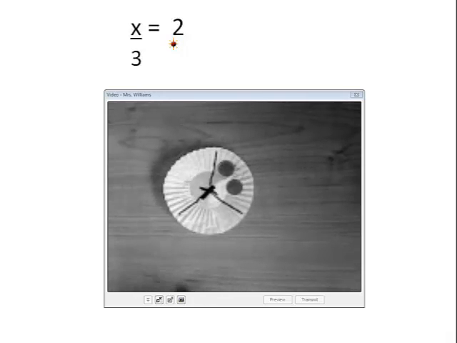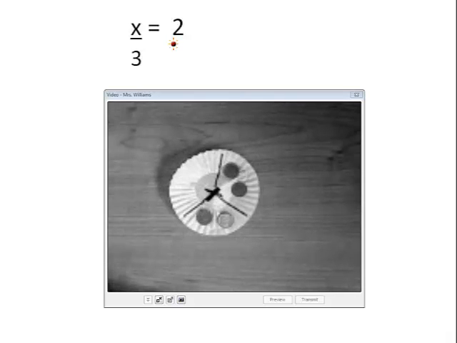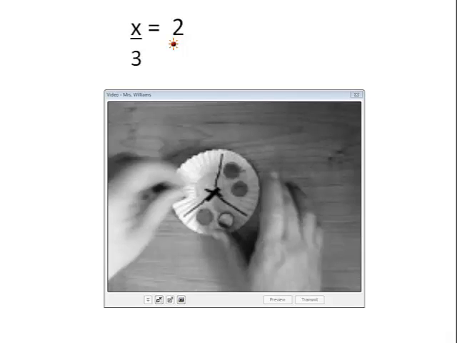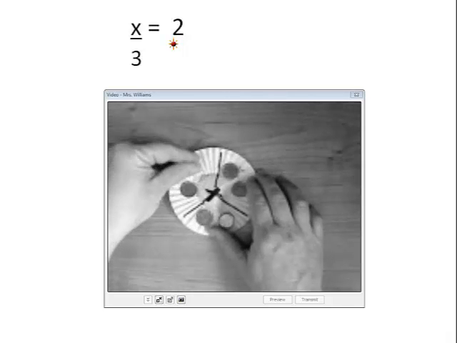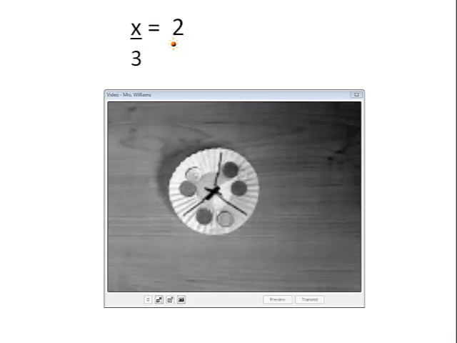But we know with x boxes everything always has to be equal, so those other 2 sections also have to have the same number of pennies. Okay, so if one section of that x box has 2 pennies, then the whole x box has 1, 2, 3, 4, 5, 6 pennies. So x is going to be equal to 6.